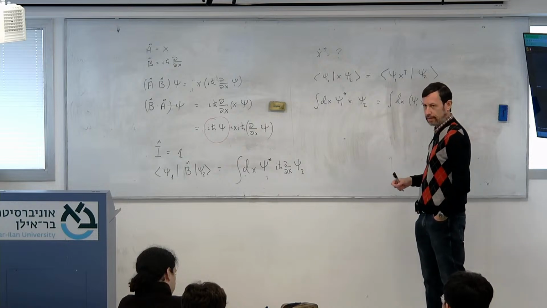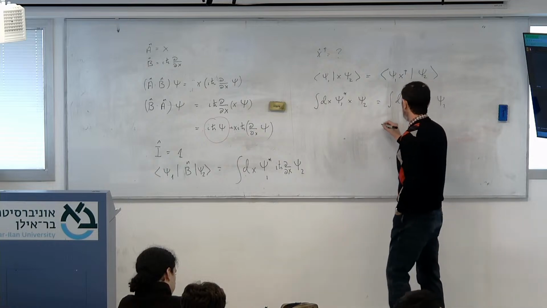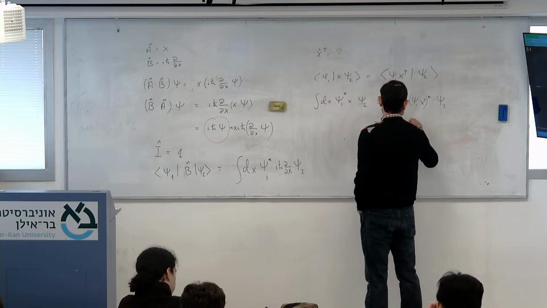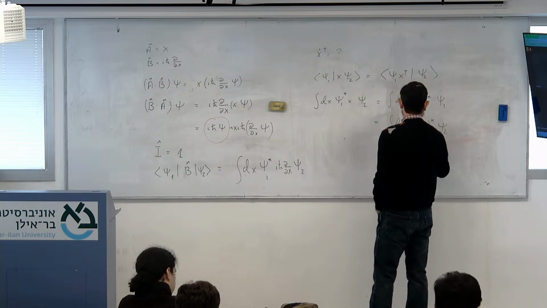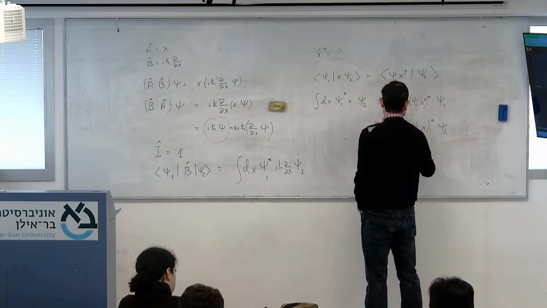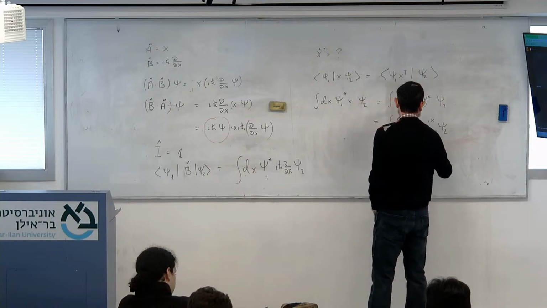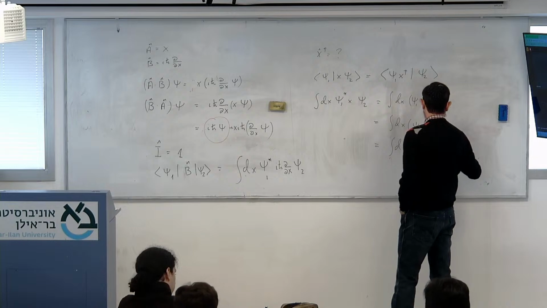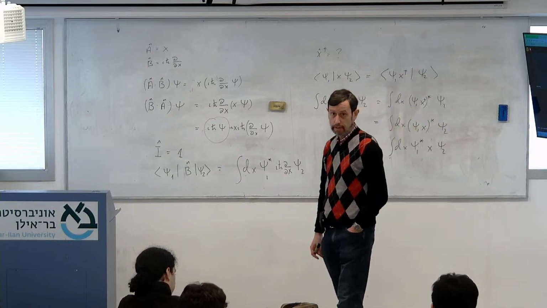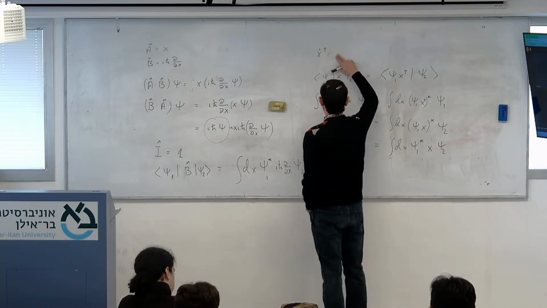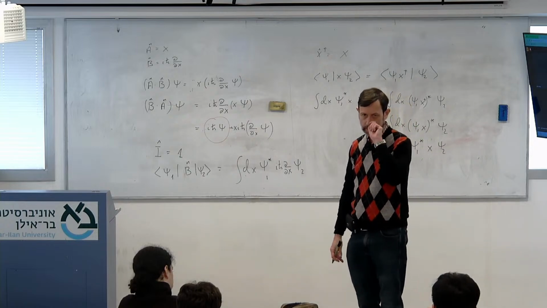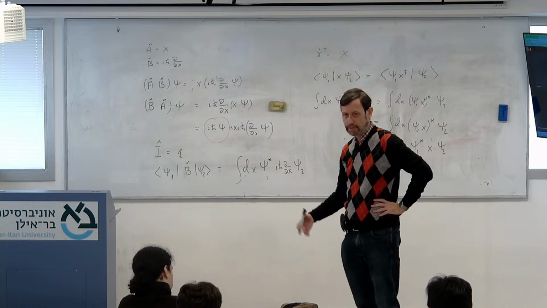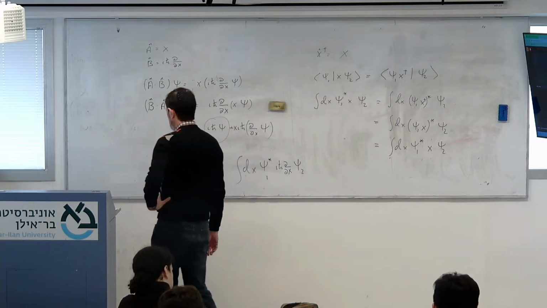But since x is a real number, and therefore the complex conjugate of x, the Hermitian conjugate of x, is x.